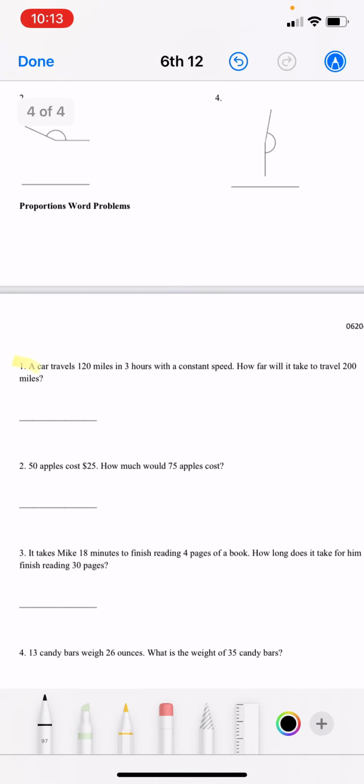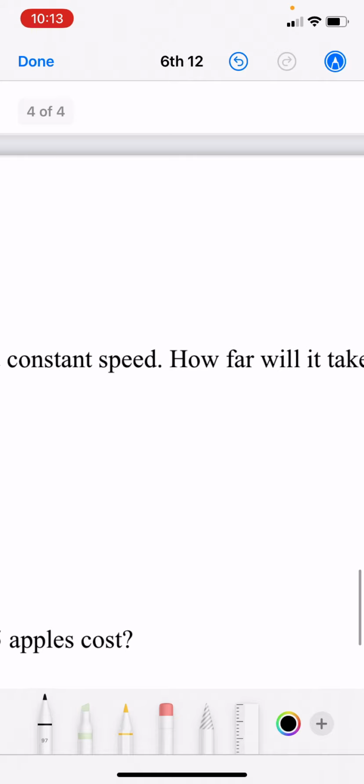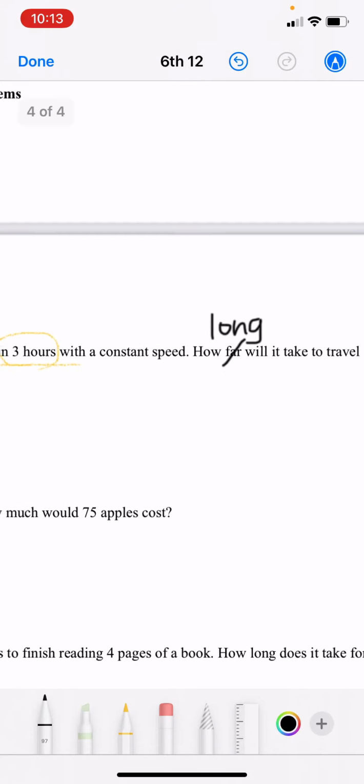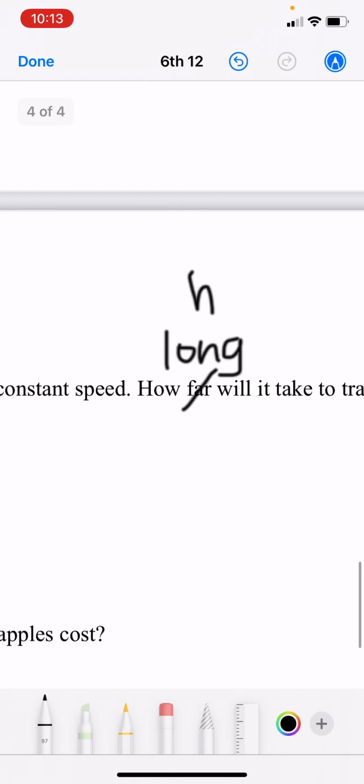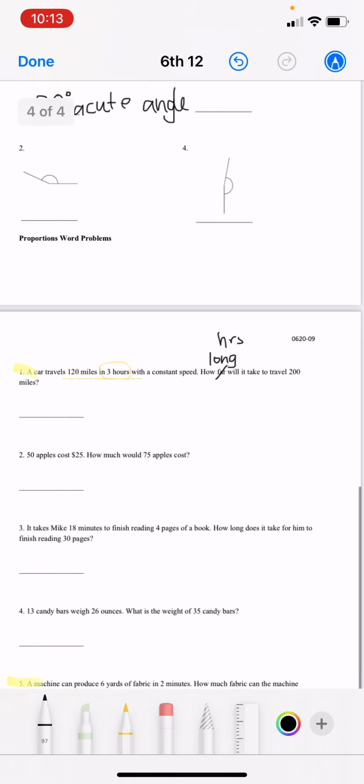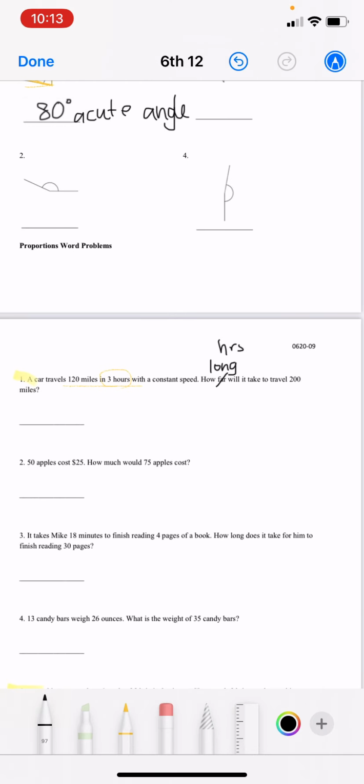For number 1, a car travels 120 miles in 3 hours with a constant speed. How far will it take to travel? Oh wait, I think that was supposed to be how long, because we're going to have to find hours. So how long will it take to travel 200 miles?